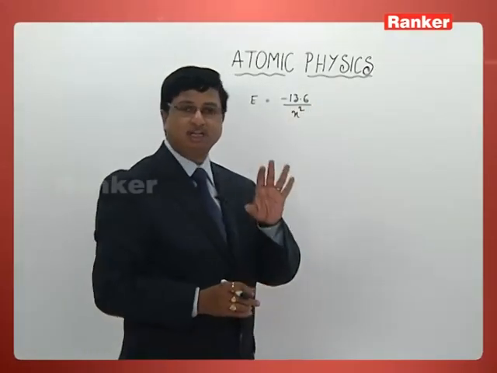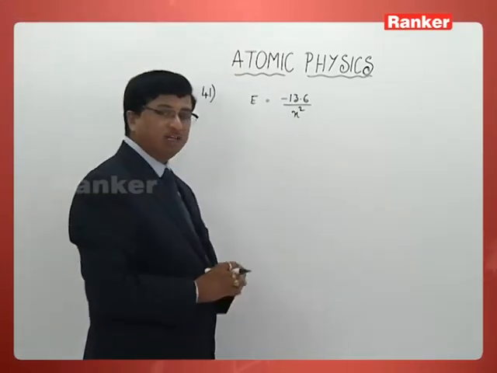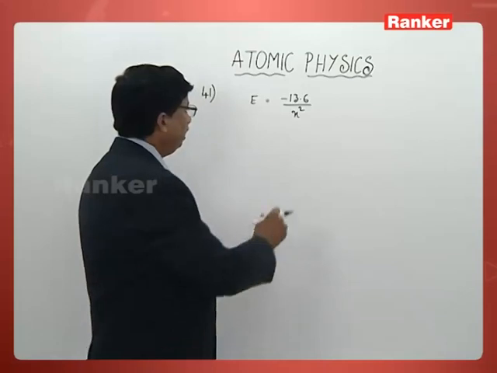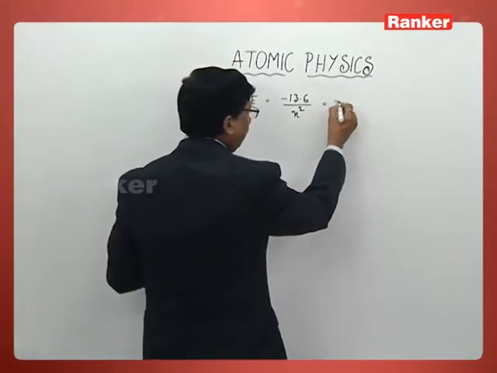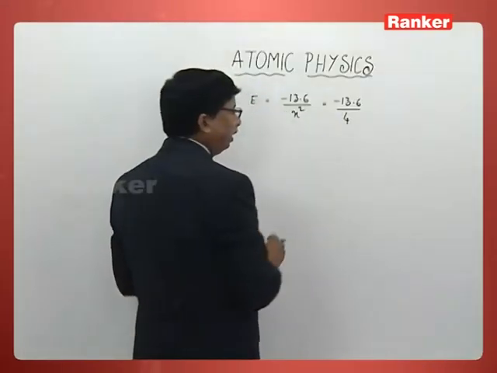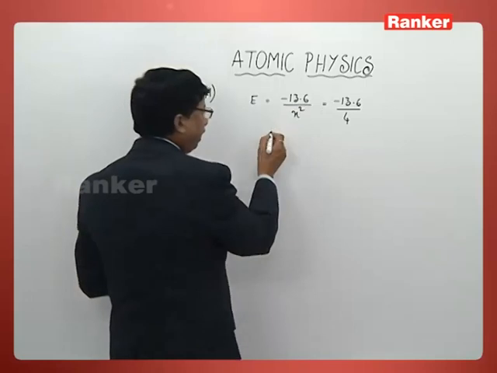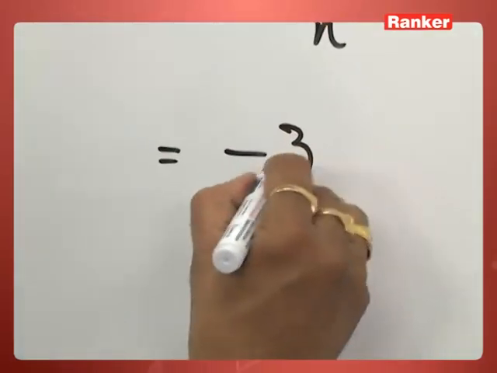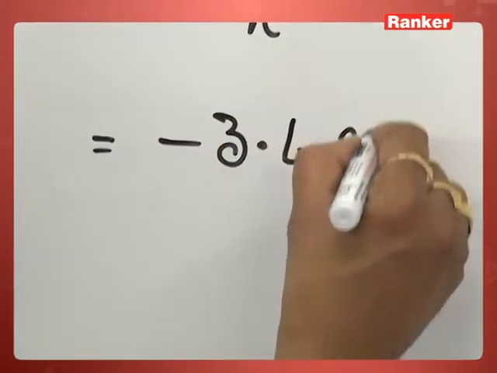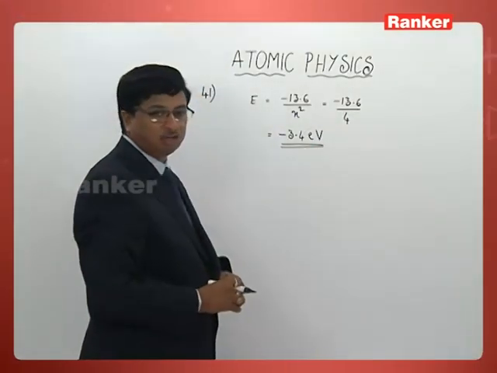That is the correct equation which one has to remember. So when you talk about 13.6 by n square, n is given as 2. Therefore, minus 13.6 over 2 square, which is 4. So if you simply cancel this, minus 3.4 electron volt, that is the energy that is required.